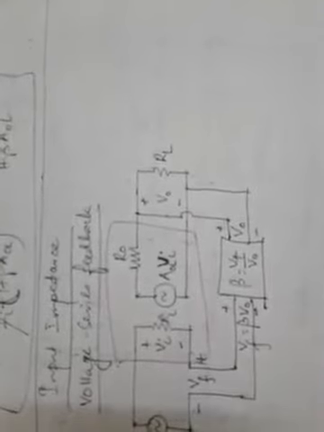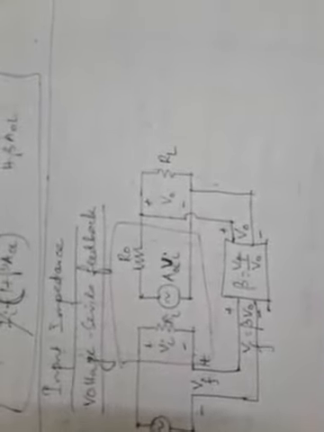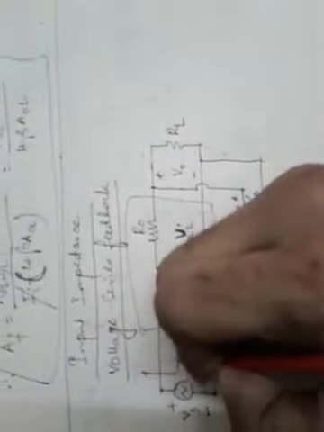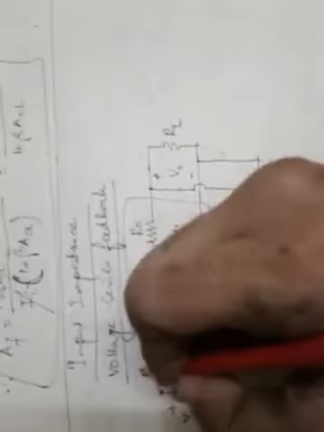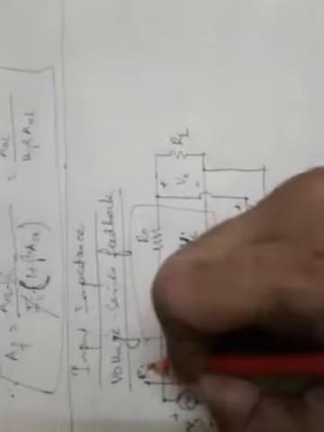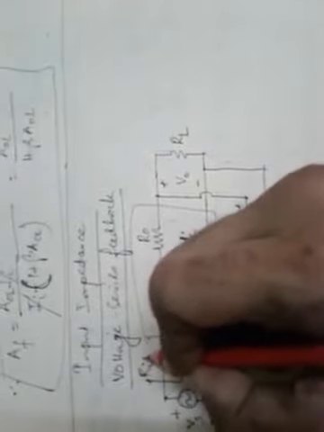And if we try to find the effect of feedback on input resistance, we should be looking into this circuit in this direction from the input side, so that we can measure the input resistance with feedback as RIF.